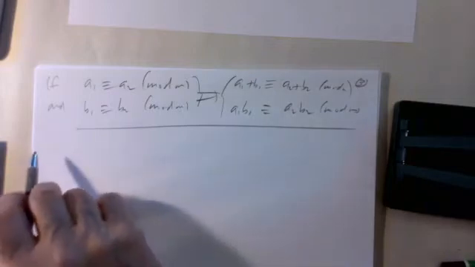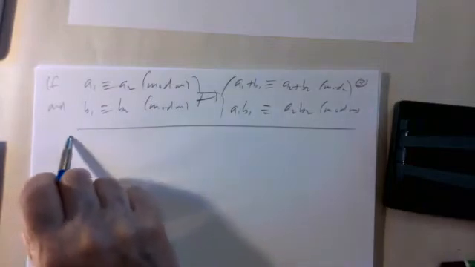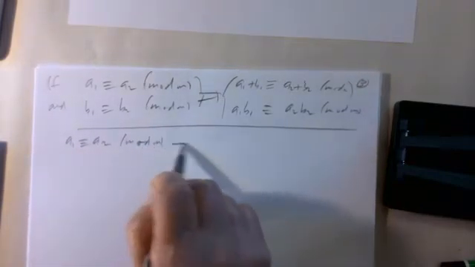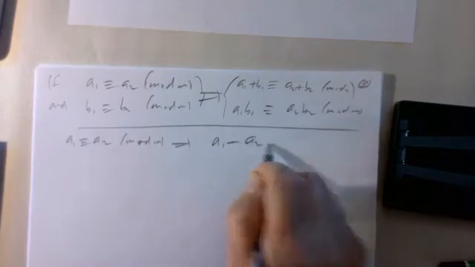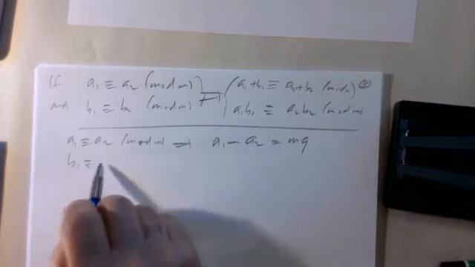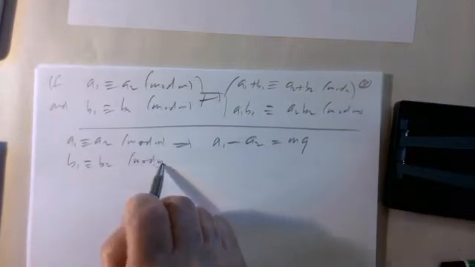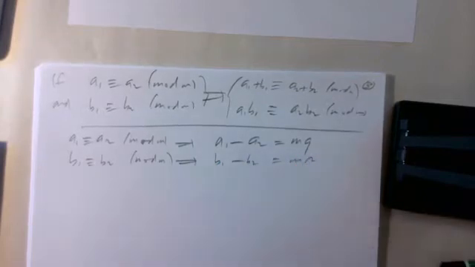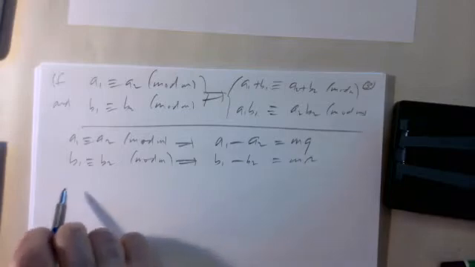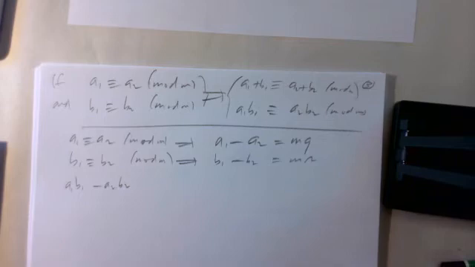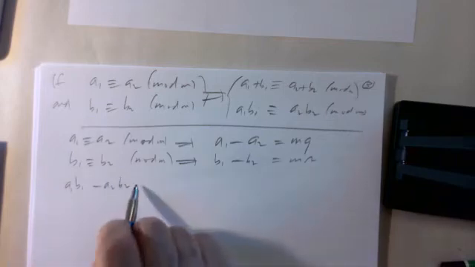For example, A1 congruent to A2 mod m means that A1 minus A2 is, say, m times q. And B1 congruent to B2 mod m implies that B1 minus B2 is m times, let's say, r. So if you look at A1 B1 minus A2 B2, we have to show that's divisible by m.